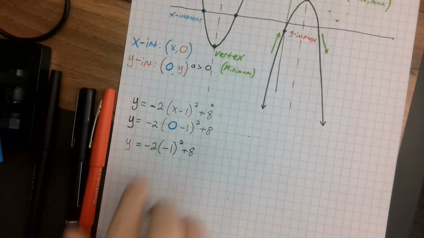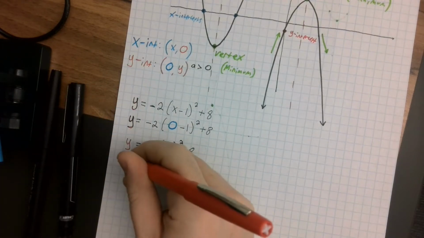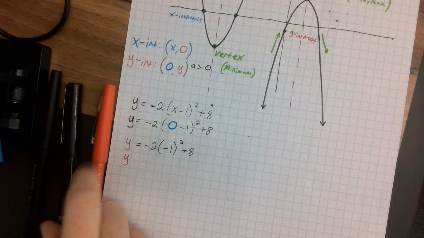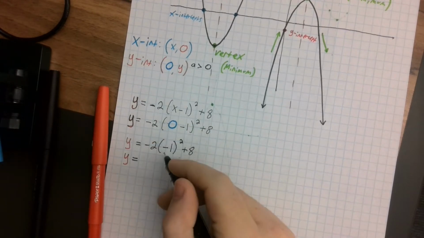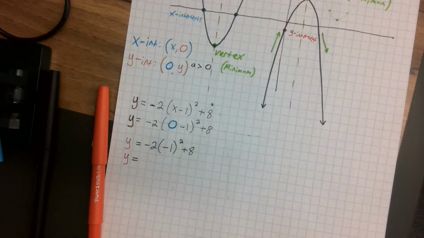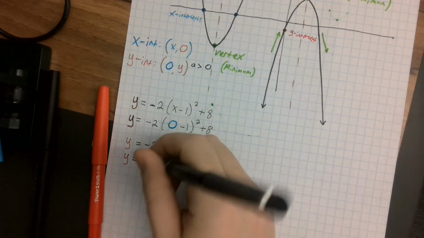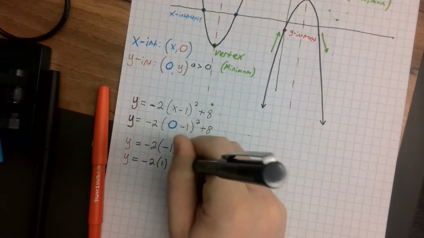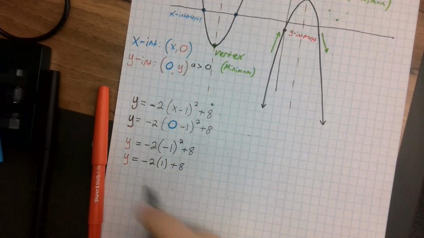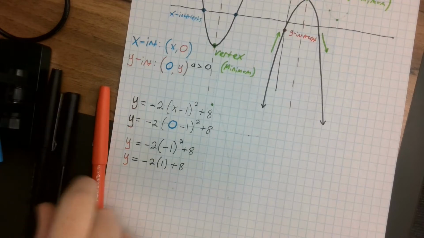Well, hang on a second. Now we see another thing we can simplify. We've done things in parentheses. After parentheses comes exponents, and we have an exponent. Negative 1 squared. What's negative 1 times negative 1? That's just going to give us 1. So this is negative 2 times 1 plus 8.